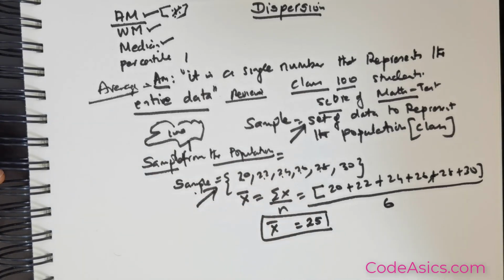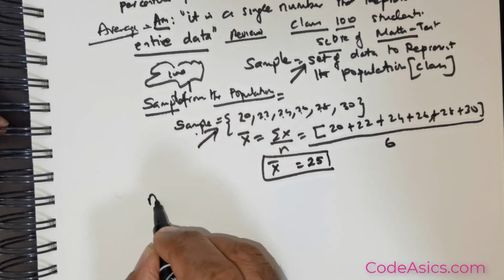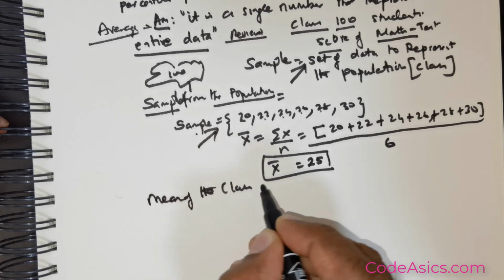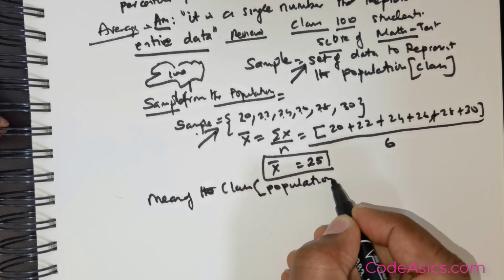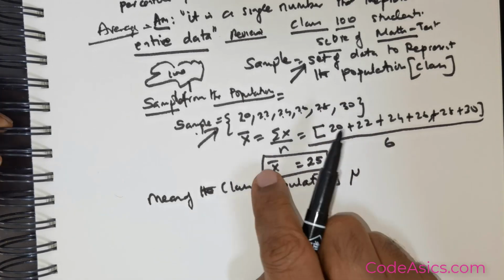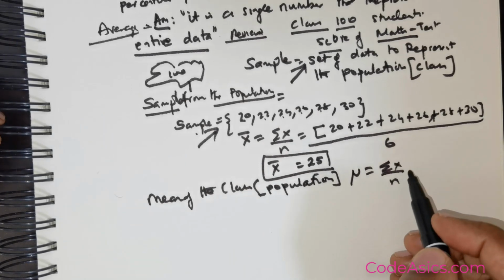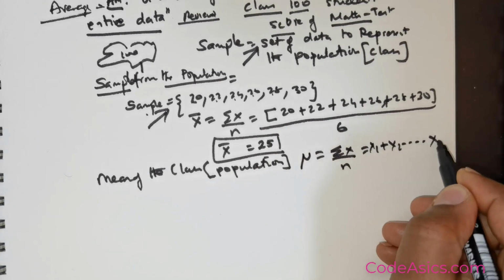Now if you want to take the mean of the entire class, then you are actually trying to obtain the mean of the population. So in that case, you have to use the term mu, not x bar. So mu is equal to, again the same formula can be used. In this case, you will have to sum up x1, x2 up unto x100.